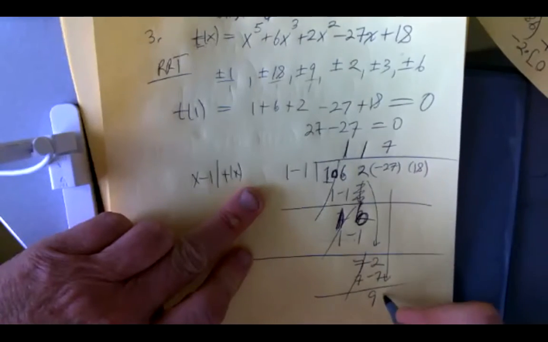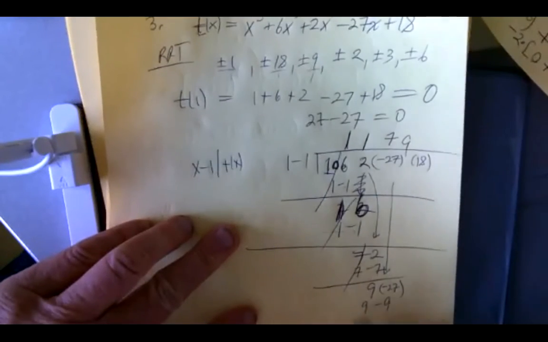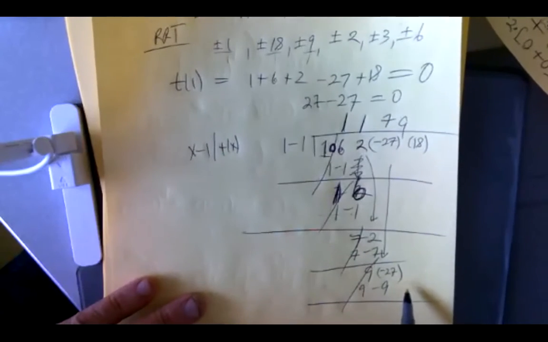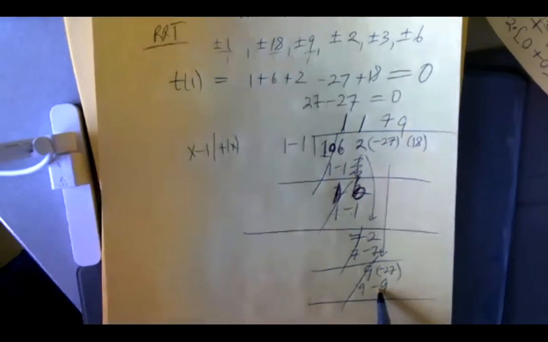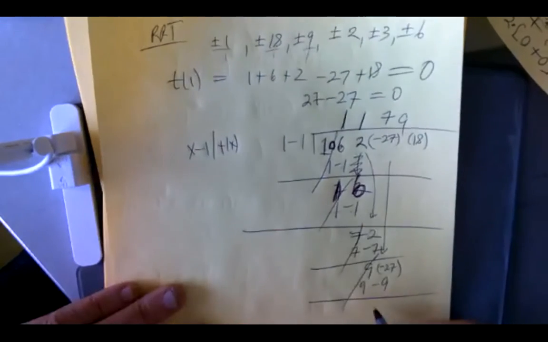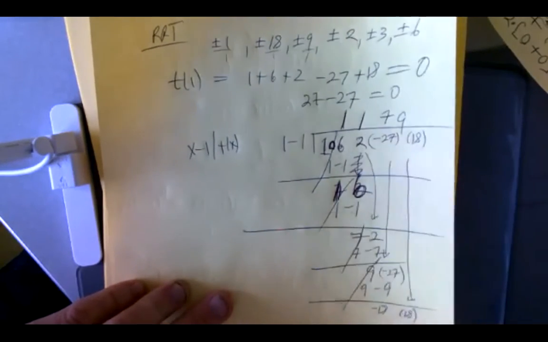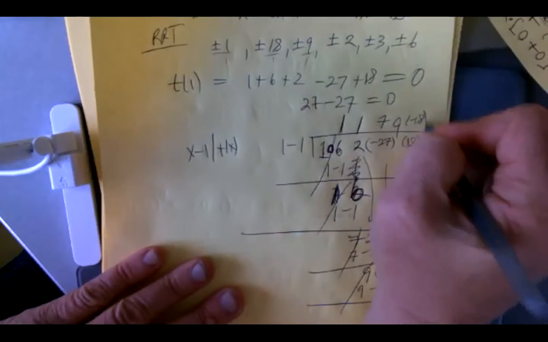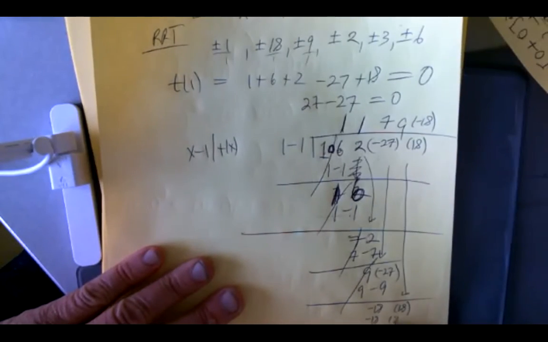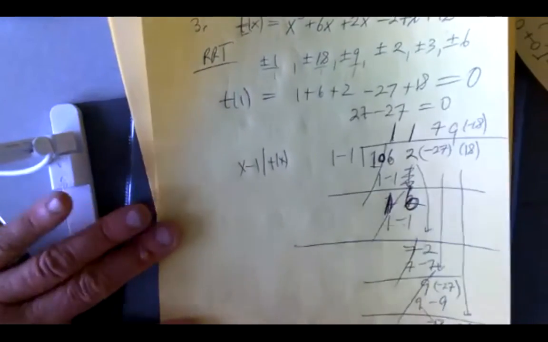Bring down the negative 27. I get 9, negative 9. I'm not doing my little plus minus thing. I'm just doing my negative 27 plus 9 is negative 18. Bring down that 18. So I'm confident I did everything right because I do a negative 18 and I get negative 18. That just tells me, okay, I was fast, but I'm good. So slow down a little bit.